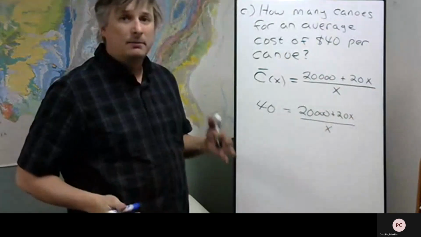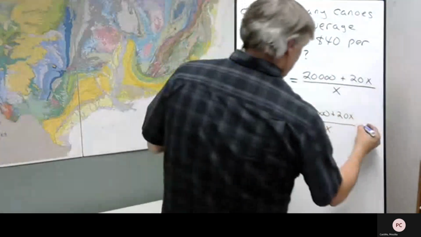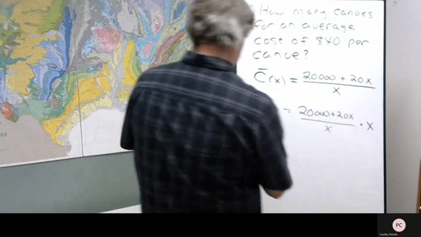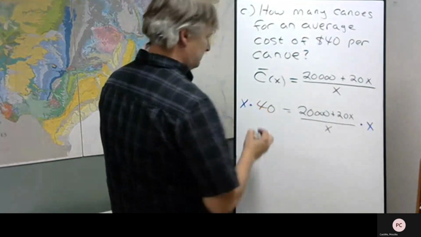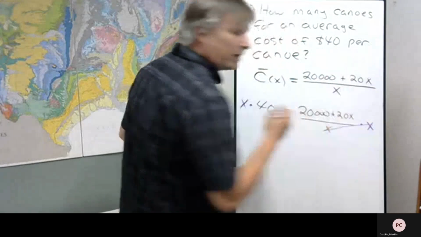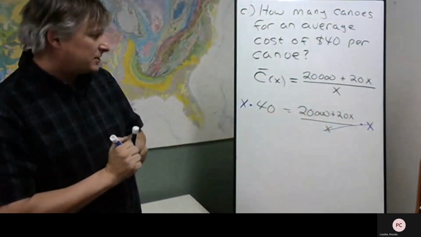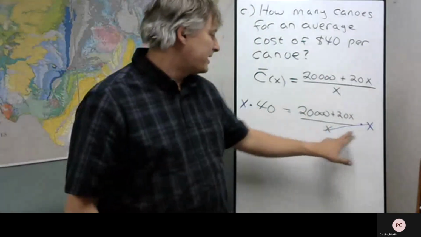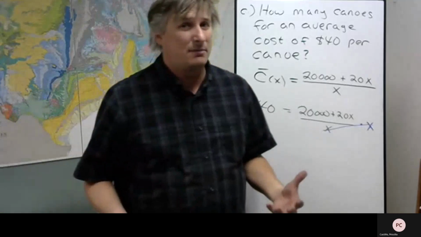And we multiply by x. And that's going to cancel the x here. We're going to solve for x is what we're going to try to do. And so by solving for x, we can multiply both sides by x.